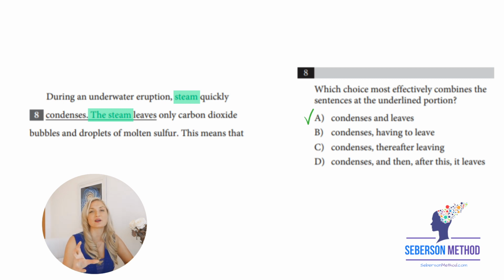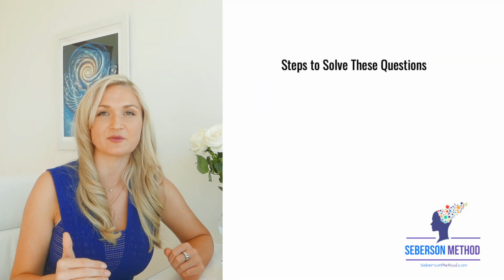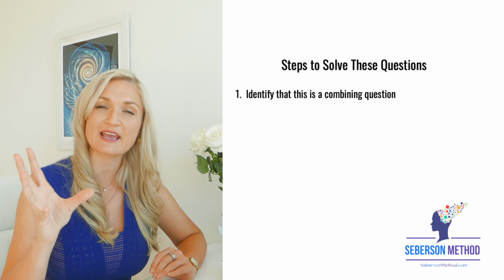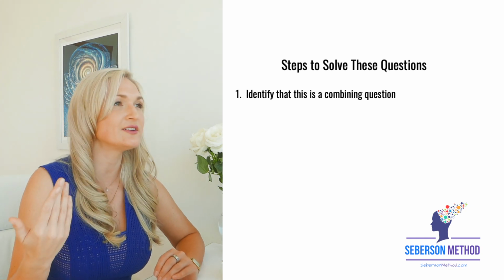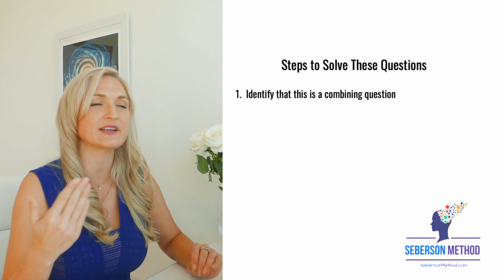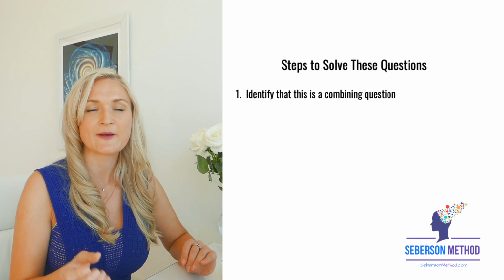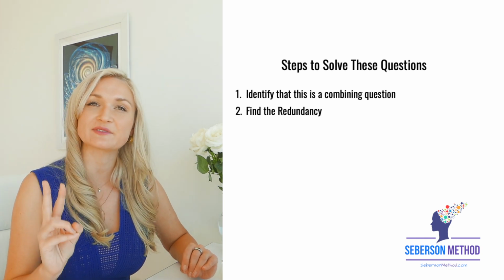There are many more patterns that the SAT uses, but for the purposes of this video, we wanted to keep it short and concise so that you can familiarize yourselves with these different patterns. The plan of action is the following. First, identify that this is a combining question, and it usually will say most effectively combines the underlined portion. Step number 2, identify the redundancy.